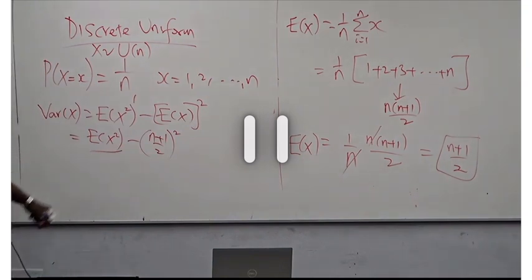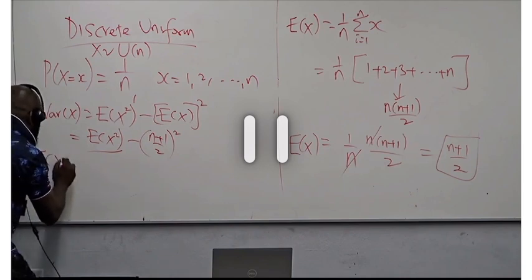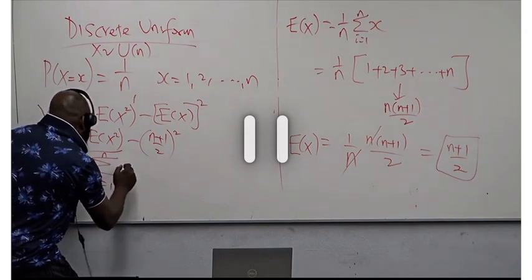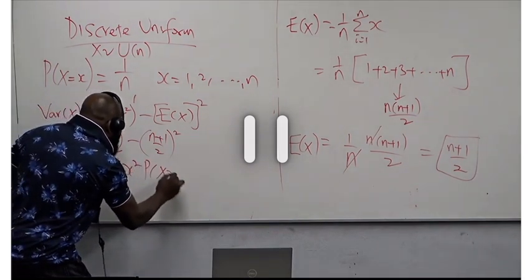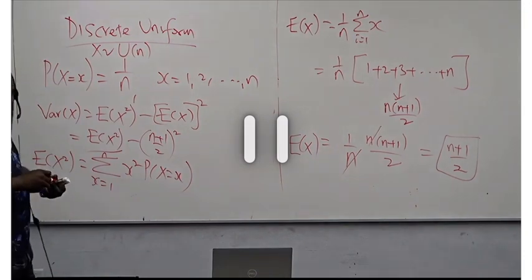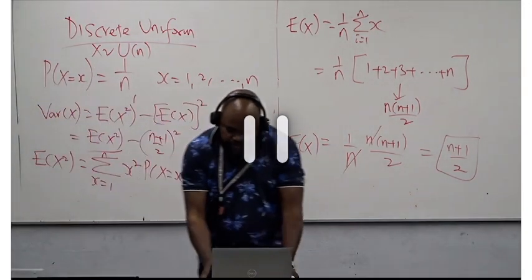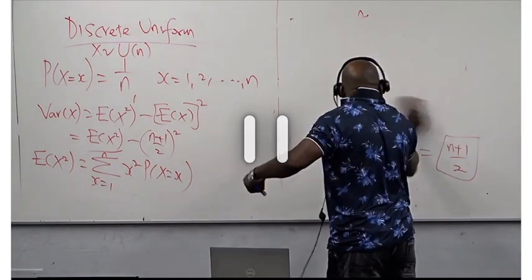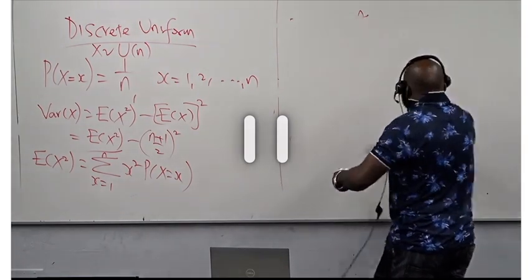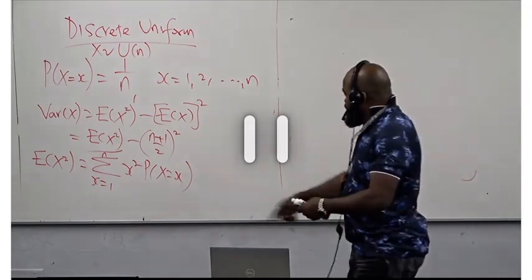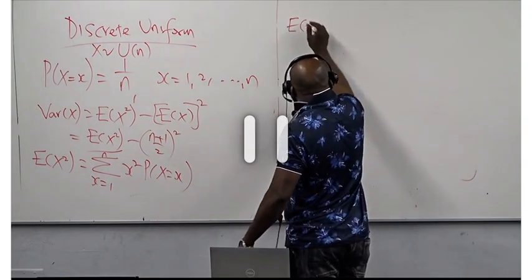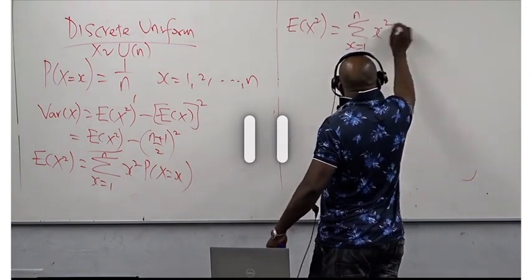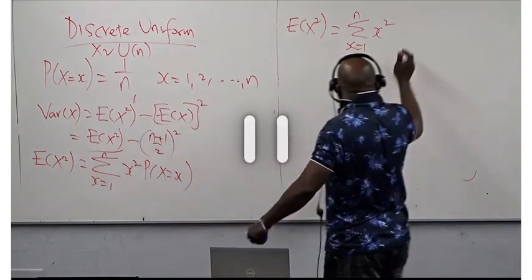To figure out the expectation of s squared, for a discrete random variable, it's going to be the summation, s from 1 to n, of s squared times the probability of s. So the expectation of s squared equals the summation of s squared, then what is the probability? 1 over n.